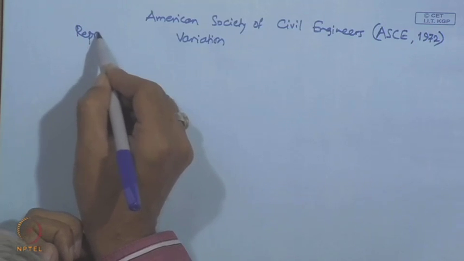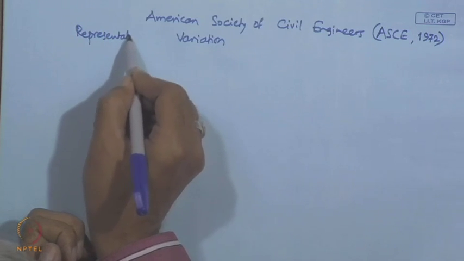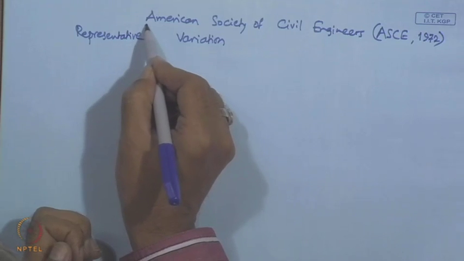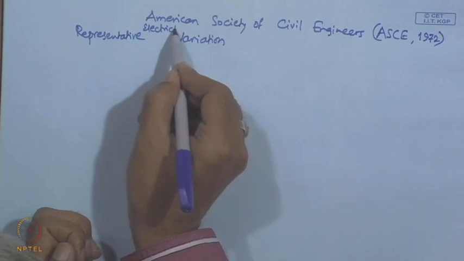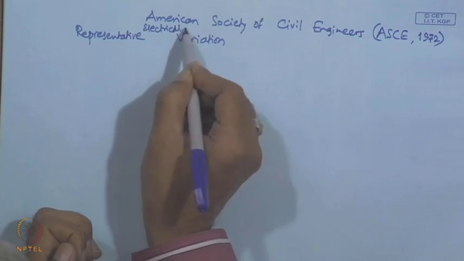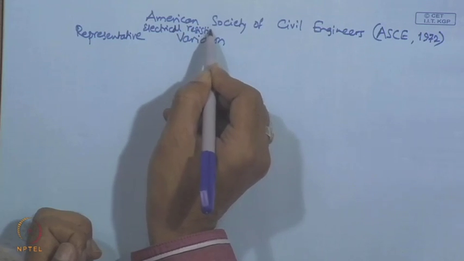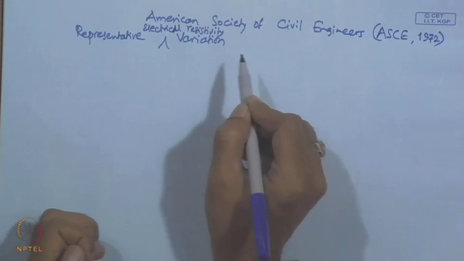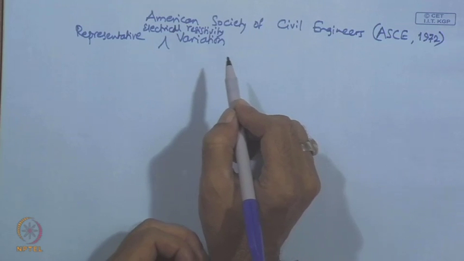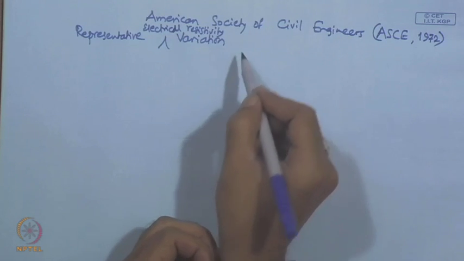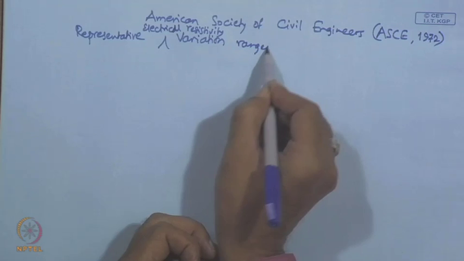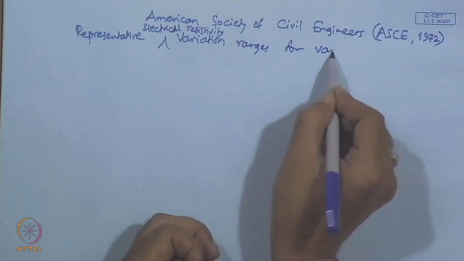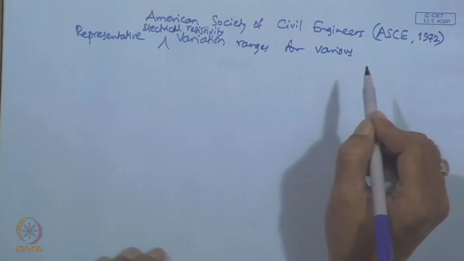So, this is the representative electrical resistivity variation ranges for various formations.